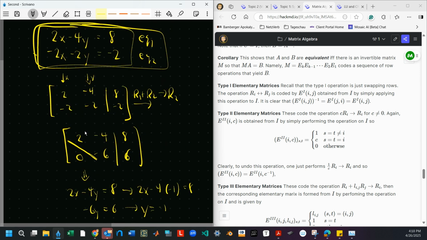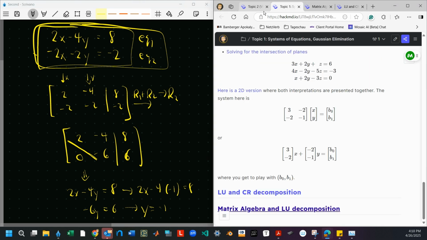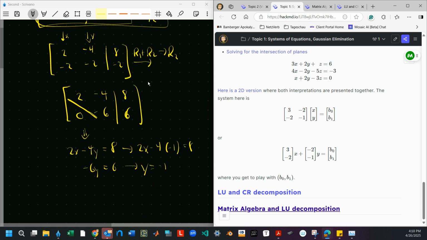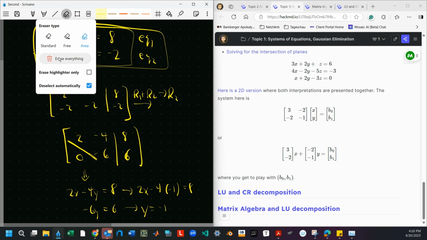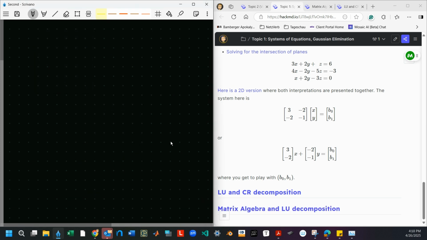Let's do a slightly bigger example, just to see a bigger example. So let's do this 3x3 version here. Let me clear all this. Okay, so I take this system and put it into a matrix.